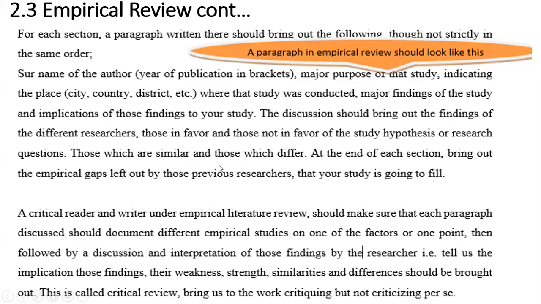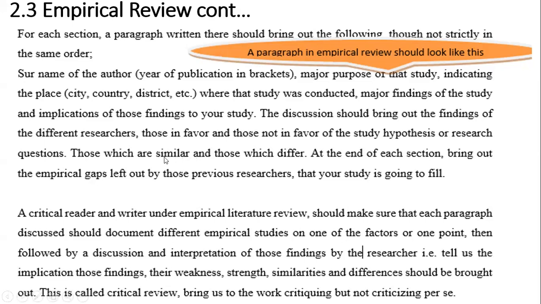Then you present another paragraph showing negative relationship. Then you present another paragraph showing strong relationship. Another one showing weak relationship, and then maybe another paragraph which tries to join the many different aspects of the findings.